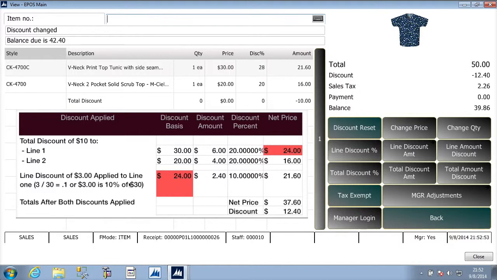When we gave the line discount of $3, it calculated the percentage based on the retail price of 30. Then it started with the $24 of line 1 from the result from the total discount. So the $24 yielded a discount amount of $2.40 and a final price of $21.60.